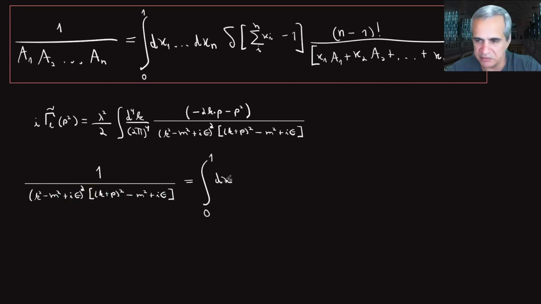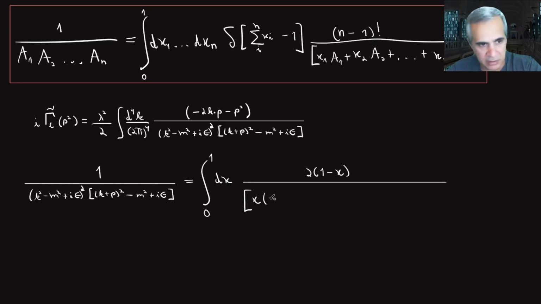I will use that version with just one Feynman parameter. 2 times 1 minus x over x times this one of these terms. Let's take this one. It's (k+p) squared minus m square plus i epsilon, right?